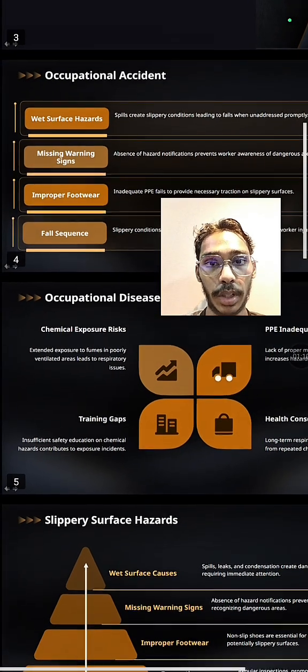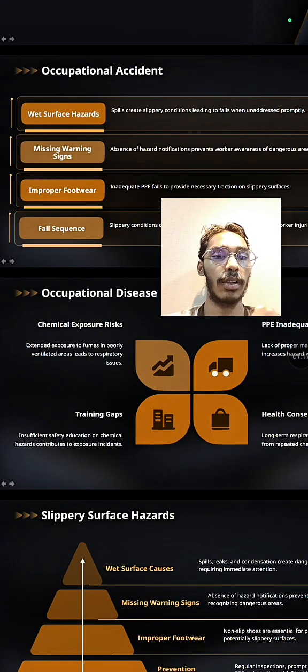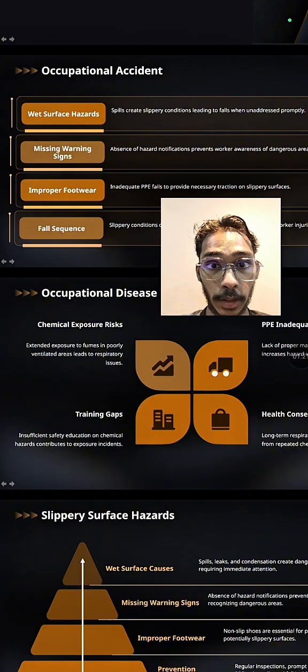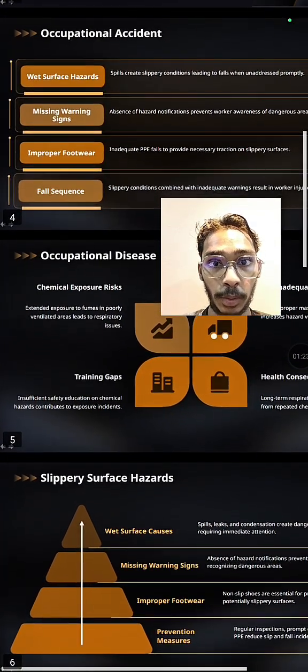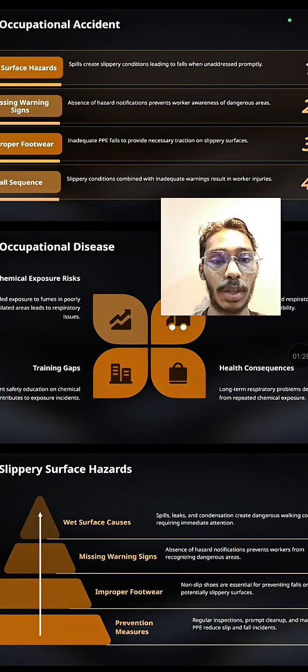The third one is improper footwear, meaning you are not wearing the proper footwear, which can cause you to slip and fall. And the fourth one is fall sequence. Slippery condition combined with inadequate warning results in workers' injuries.